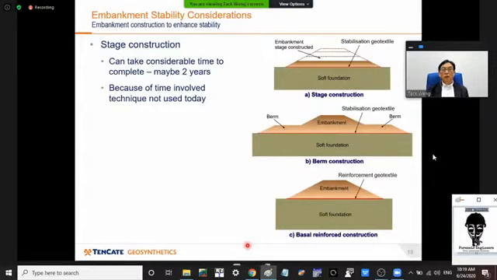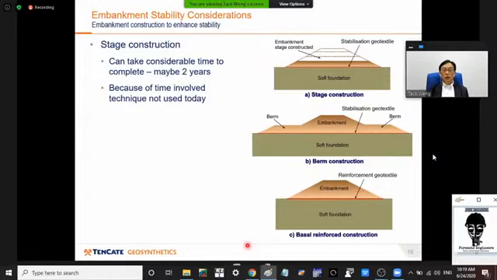What are the solutions that can be adopted to enhance stability? In the old days, stage construction is the method used. You put on a certain layer of embankment fill up to a level that the soft foundation can support.